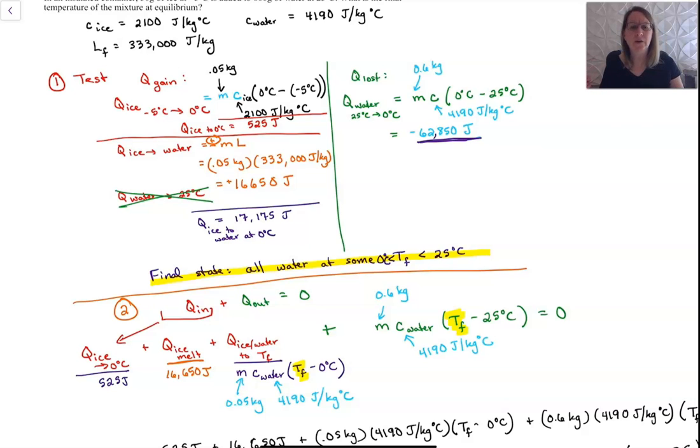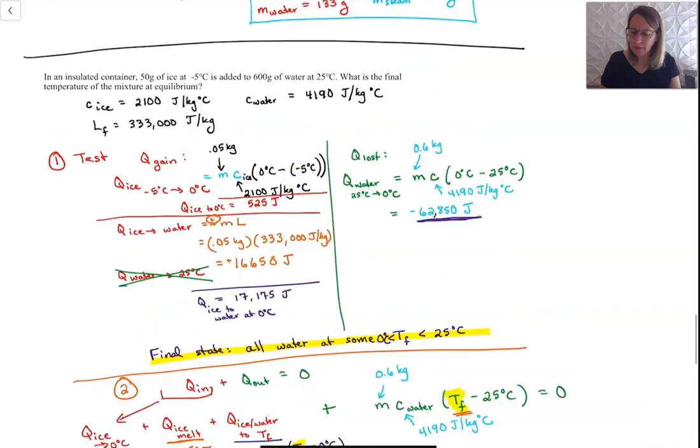Once we know our final state, our unknown in this Q in plus Q out is going to be this final temperature. In the previous problem, the final temperature was known and our unknown was how much mass. So it's not obvious which way we have to solve this problem. It just depends on how this energy balance comes about.